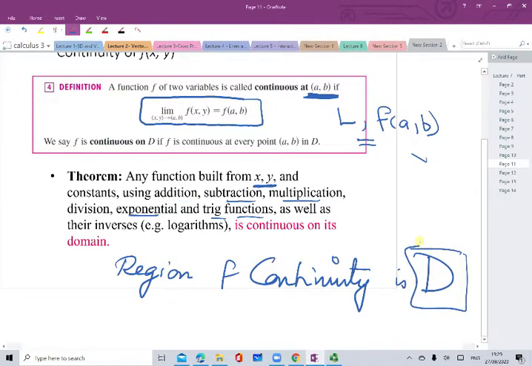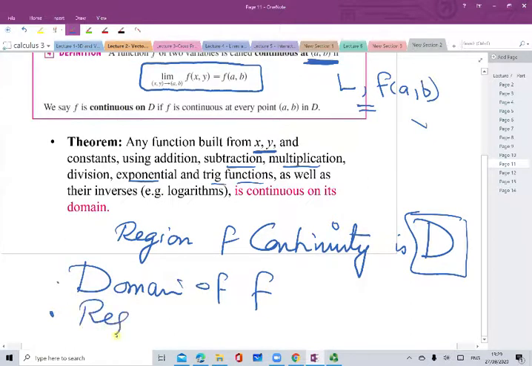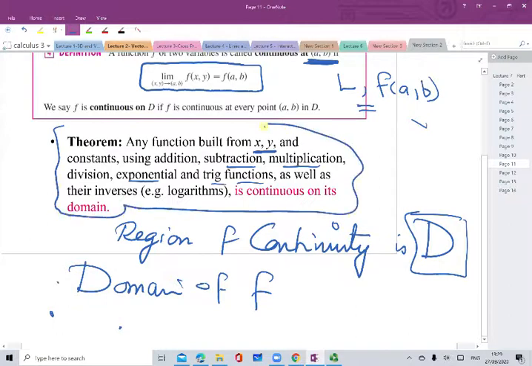All I have to do is get the domain of f. First step, get the domain of f, and then say that this is the region of continuity. Okay, from the theorem. If I'm going to use this, repeat this wherever you want to use it in your problems, as we'll see.